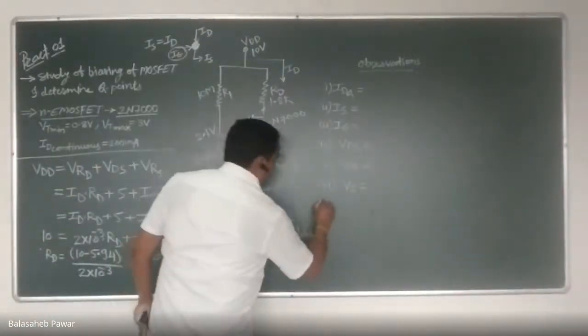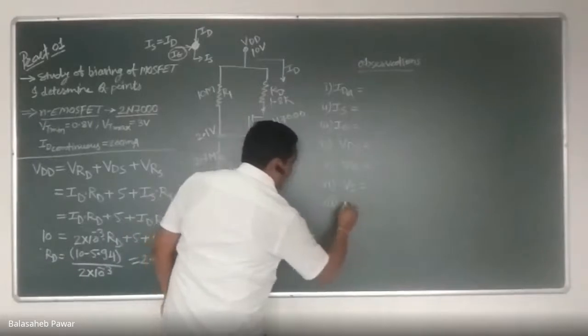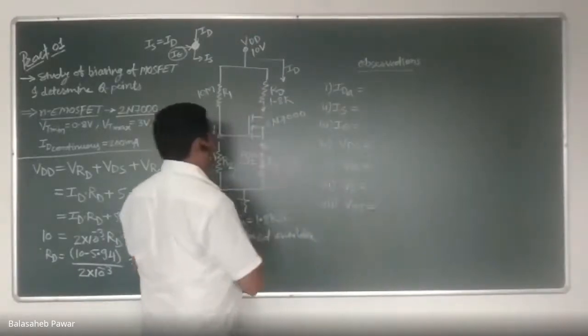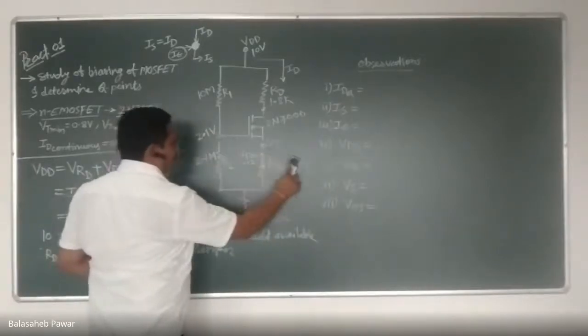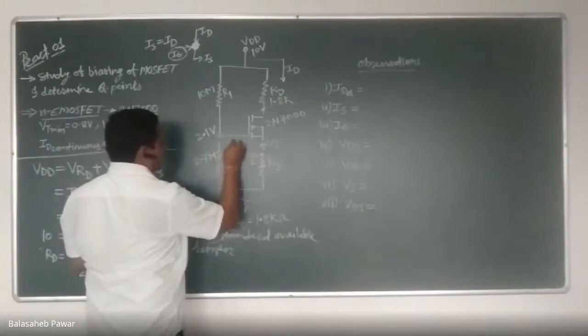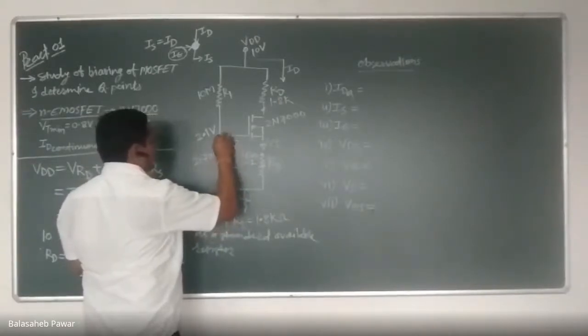The next, VGS. How you will measure that VGS? Now the voltmeter should get connected to the gate, again like this.